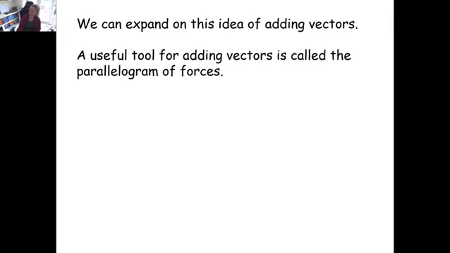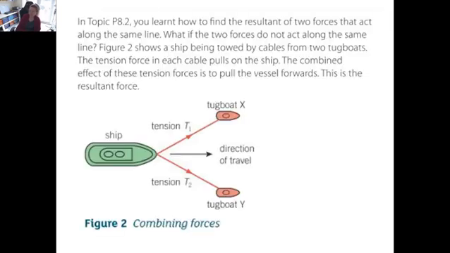Okay, we can then expand on this idea of adding vectors together, and a very useful way of doing that is to do something called the parallelogram of forces. Now this example I've taken straight out of your AQA textbook.